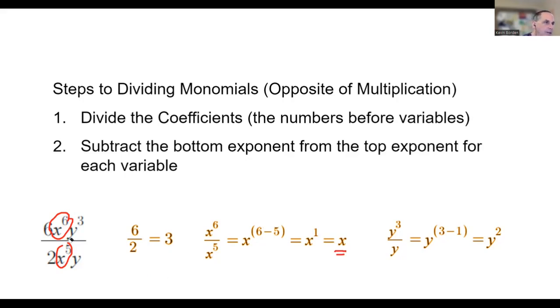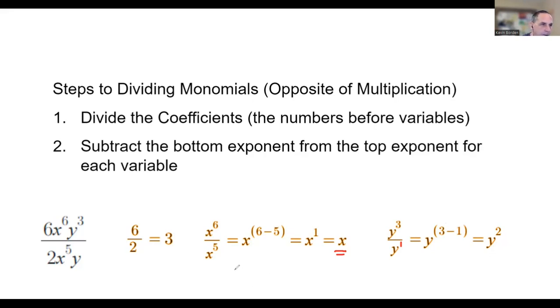Moving on to y. We have y to the 3rd over y. We set up that fraction, y to the 3rd over y. That becomes y to the 3 minus 1, remembering that when there is no exponent, there really is an exponent of 1. We subtract those two, and we are left with y squared.